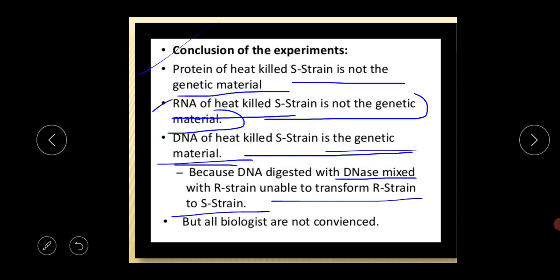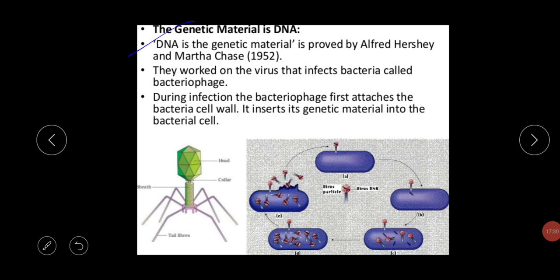But all biologists were not convinced. They finally concluded that DNA is the hereditary material, because digestion with the DNase enzyme inhibited the transformation procedure. Next, the genetic material is DNA.